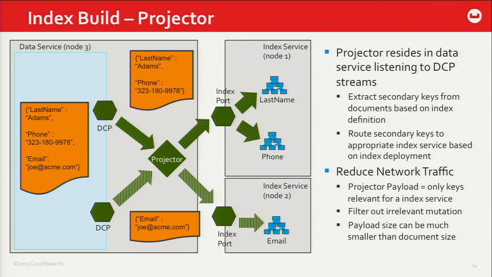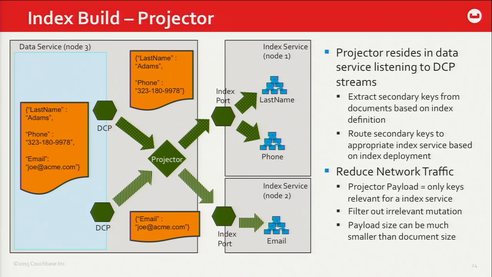So in this example, I have a customer document with last name, phone, and email, on the left-hand side. When this document is inserted into the data service, it will be replicated through DCP to the projector. The projector will take a peek and see that node 1 has 2 indexes, last name and phone.